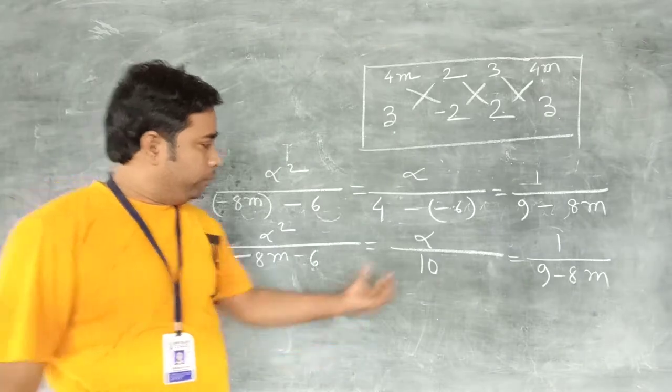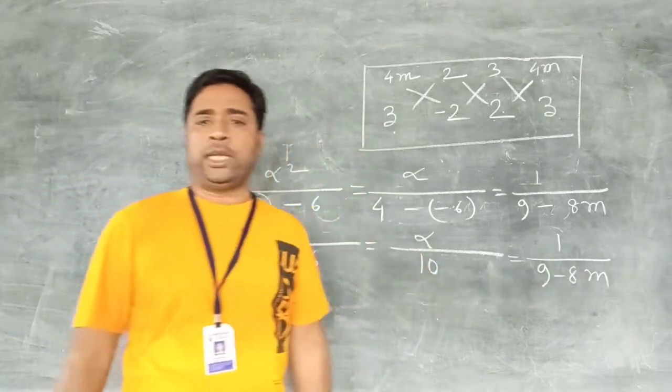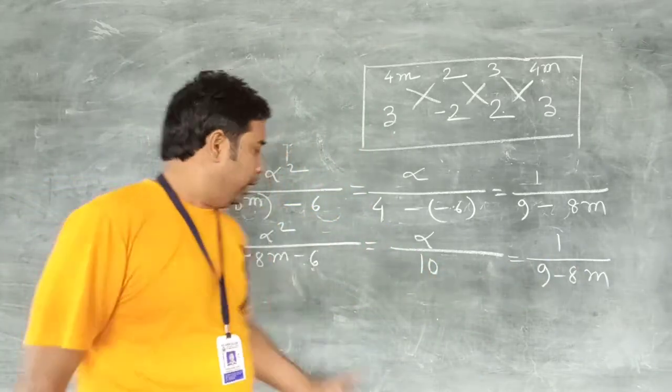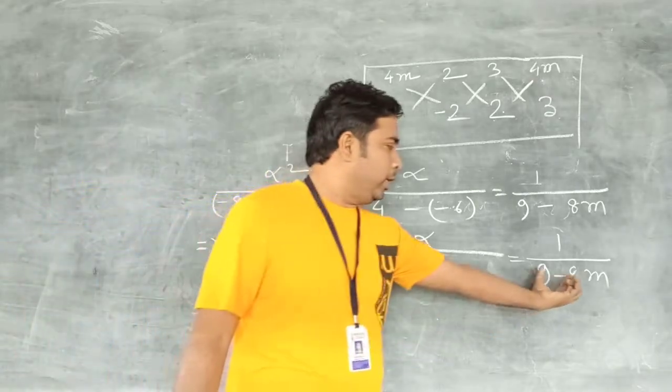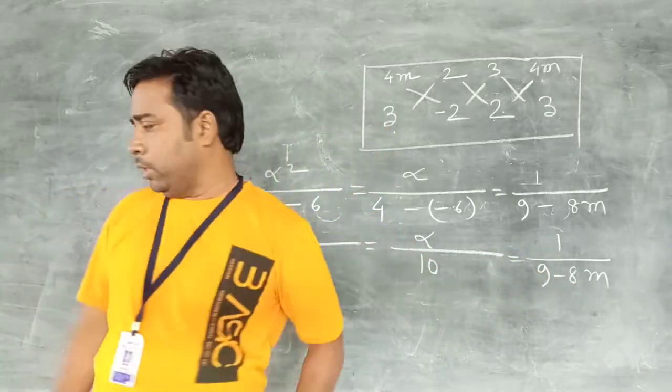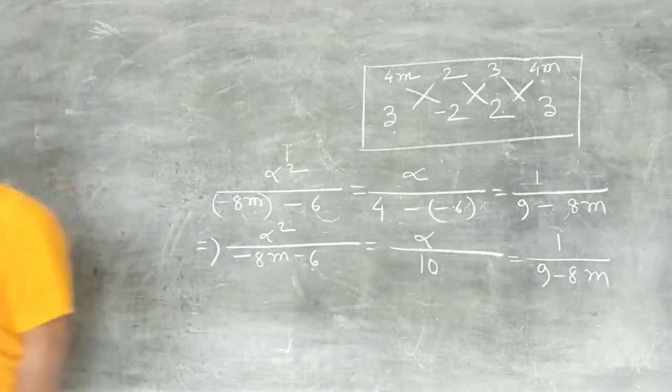So if we consider this equal to this one, we shall get the value of alpha from there. And if you consider this value equal to this one, then we shall get the value of alpha square. So what can we write here?